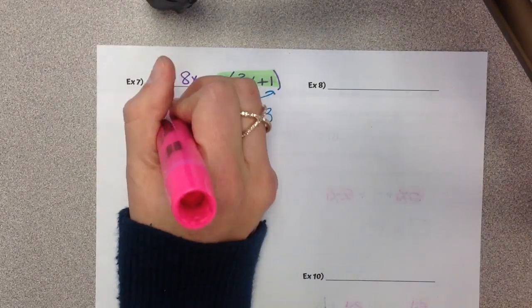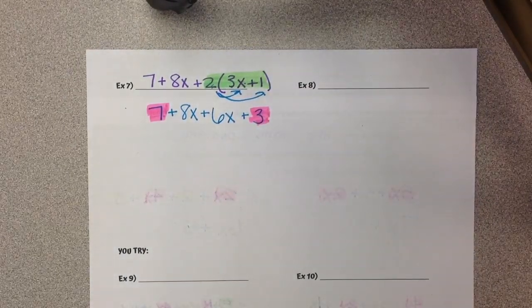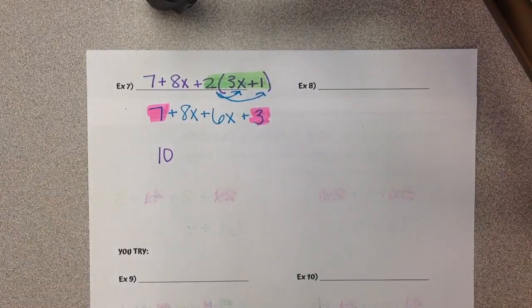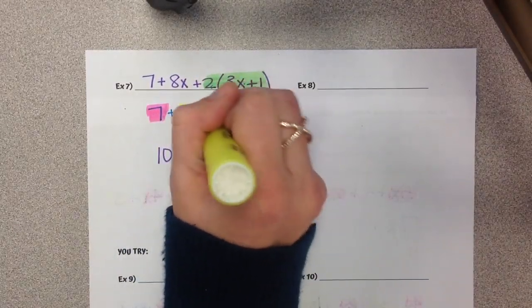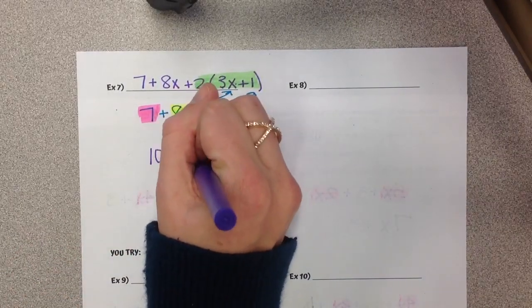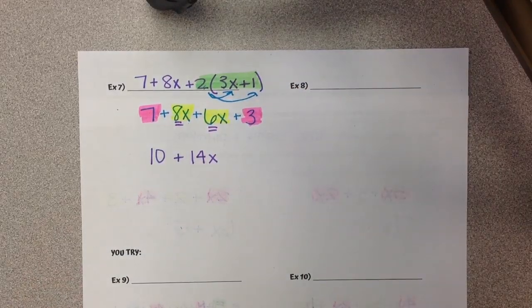So I have a 7, which is a constant, just a regular number, and a 2. Those can be combined. 7 plus 2 gives me 9. And then I also have 8x and 6x, which gives me a total of 14x. I'm just adding the coefficients. 8 plus 6 is 14.